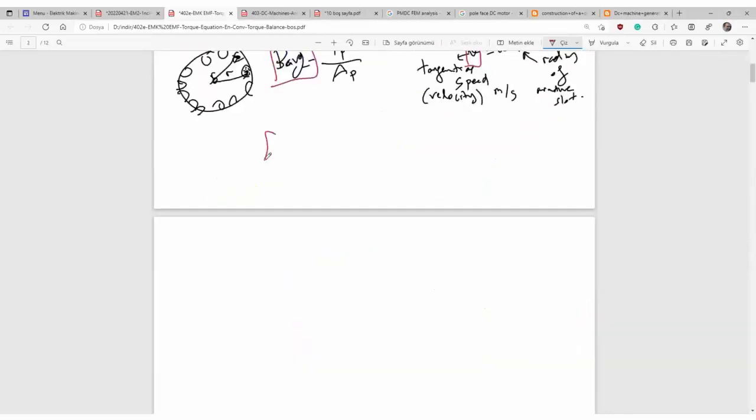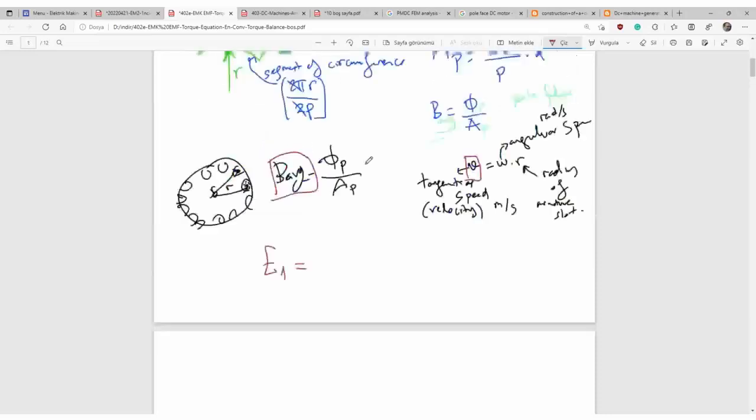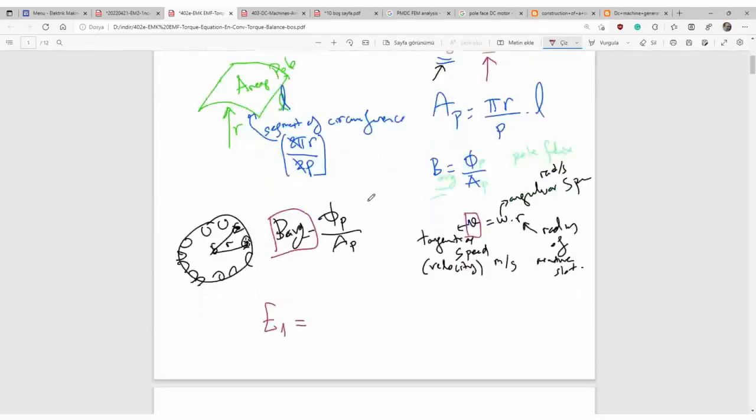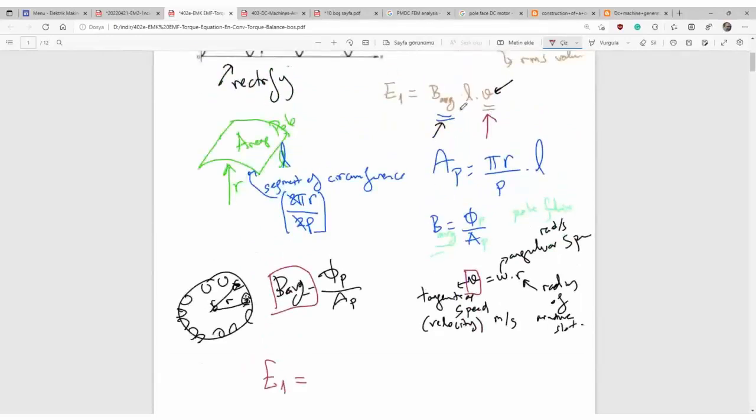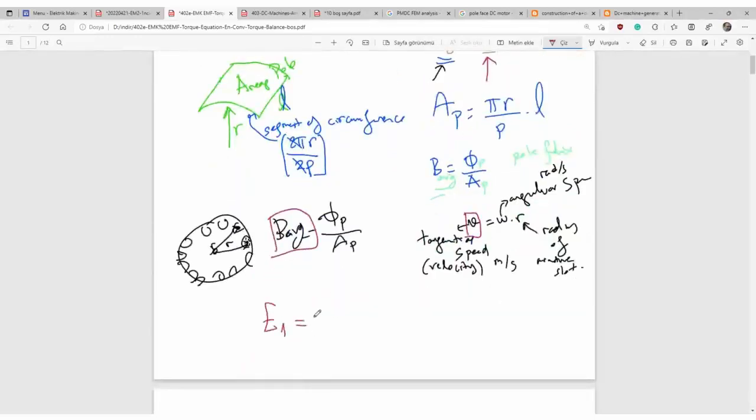E1, the electromotive force of one conductor, mean or average electromotive force induced only in one conductor is B average. Instead of B average, I write flux over cross-section area.